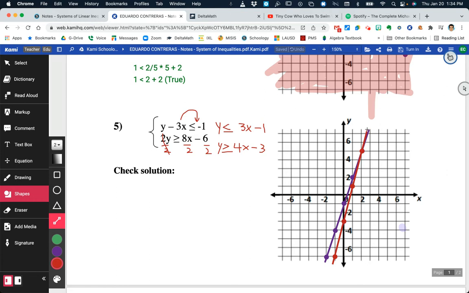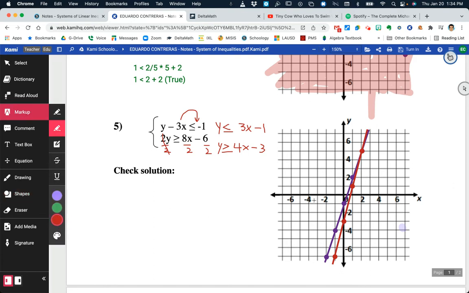I already see what it's going to graph. Okay. So it's a solid line because it's got the equal to part. It's greater than, right? So I'm that little ant going up. And so I want to shade everything above this time. So that means everything on this side, everything over here.